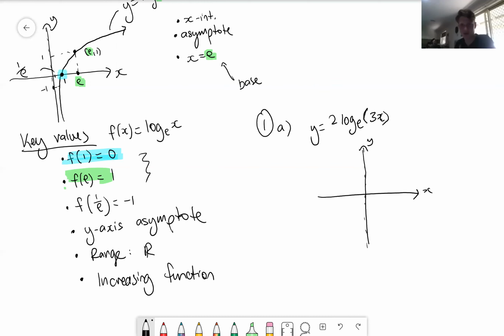Does it have to have a bit on the end? That would change it. It would have to have a different number in this area here. So 3x plus 1 or something. Perfect, because that would be the graph shifting left and right. Yep. So we'll look at some of them in a second. So the asymptote would still be the y-axis.